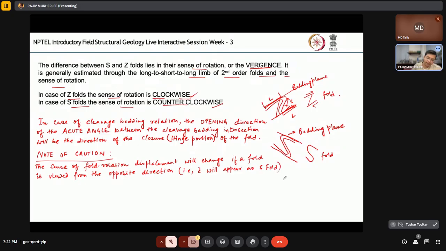Hence, it is necessary to indicate the direction in which the observations are made.